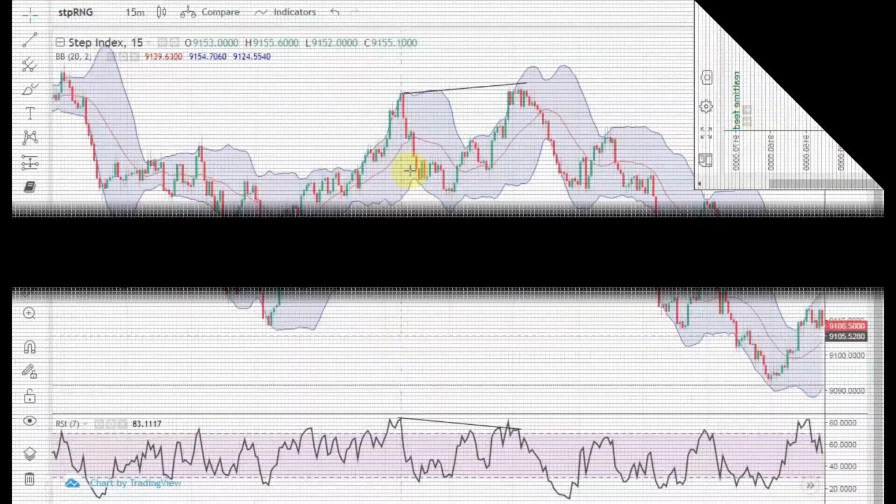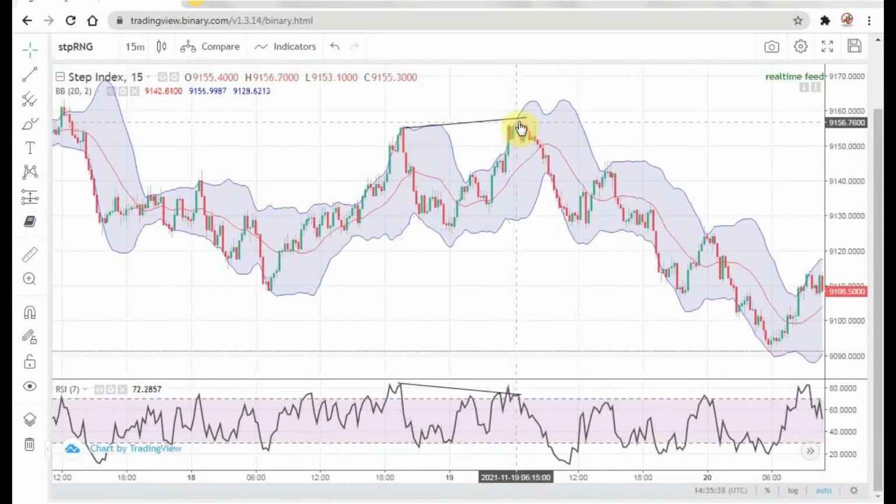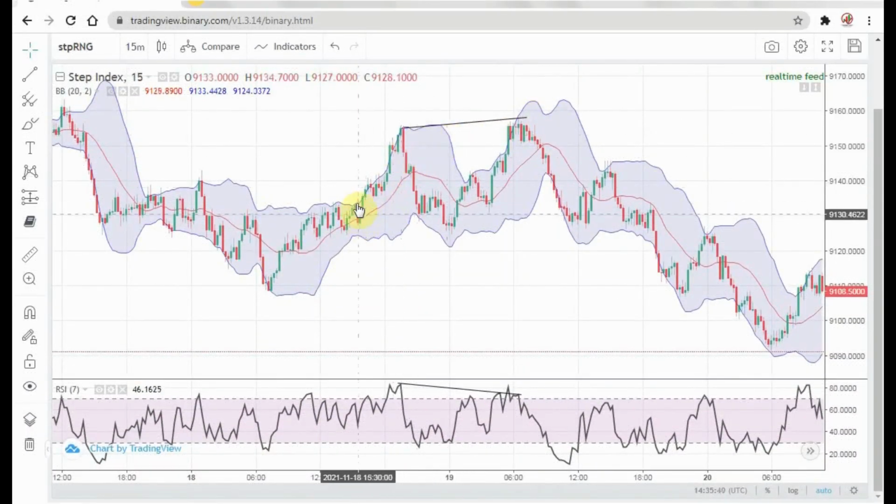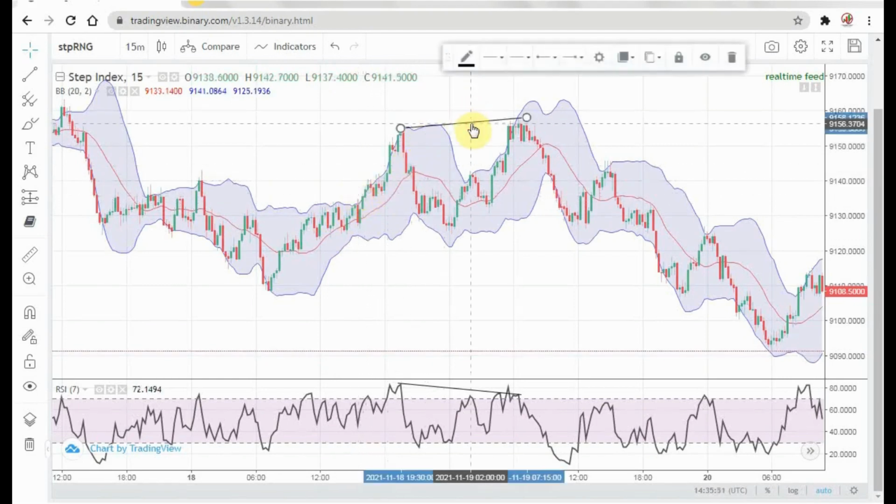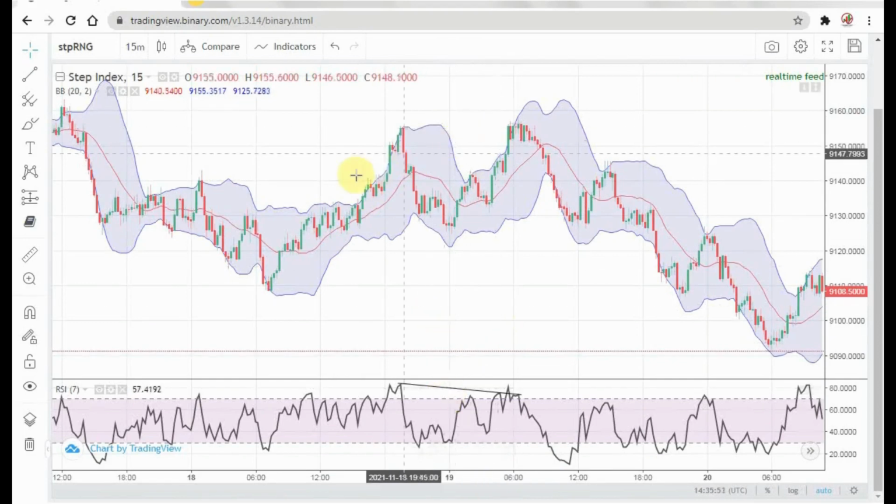When we connected this high, you notice that every time it touched this Bollinger Band, okay, let me remove this to make a clear view. You can see that here price was pushing this Bollinger Band.